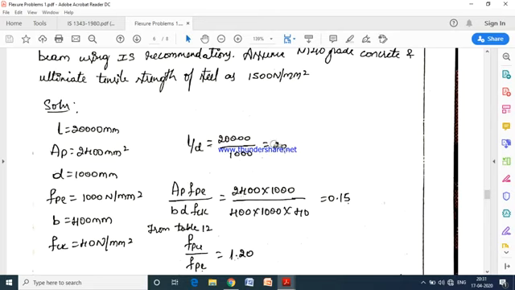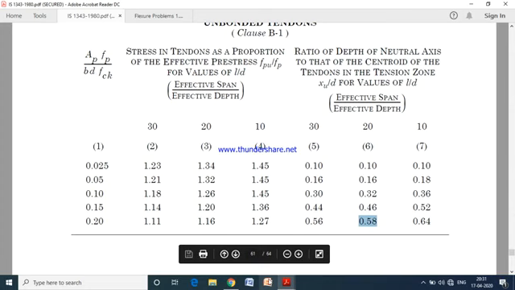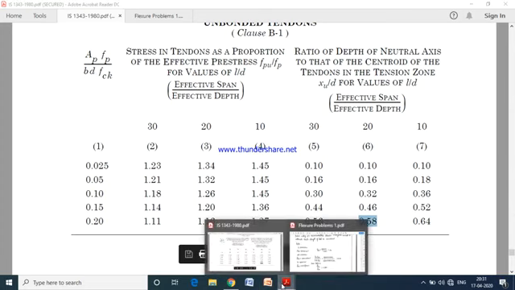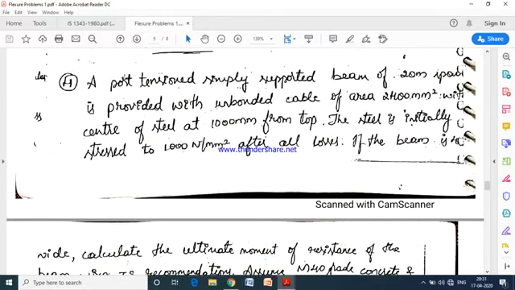L by D is 20 and this ratio is 0.15. Then again go to Table 12. One thing you need to observe: in the question the post-tensioned beam is given, but he has mentioned an unbonded cable.